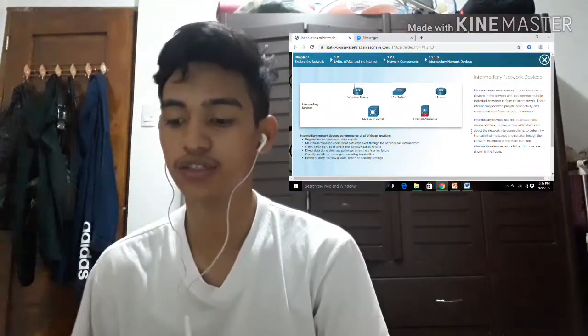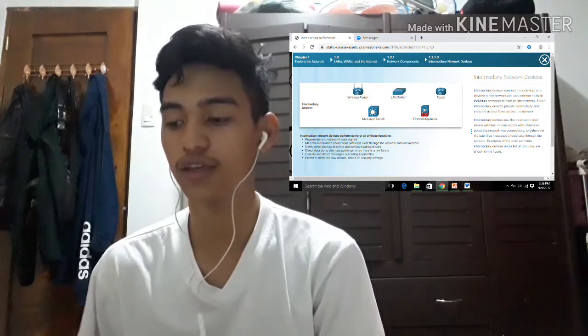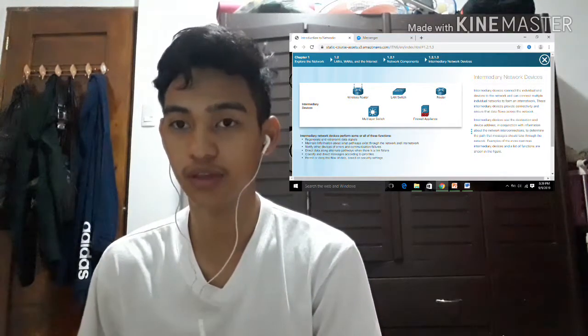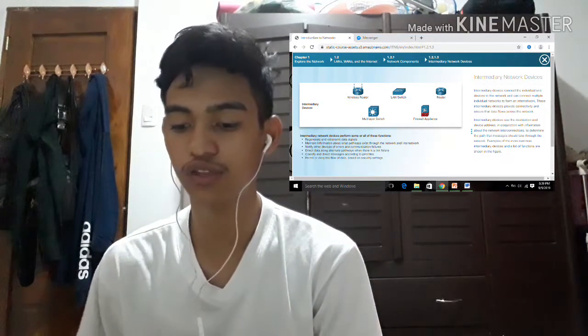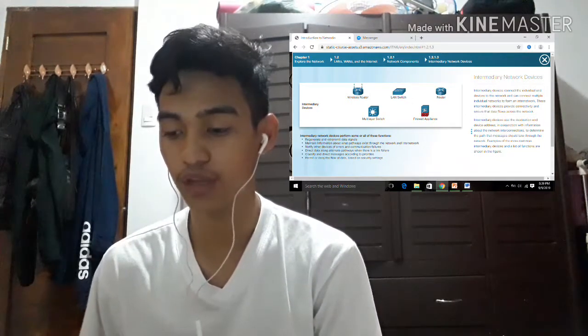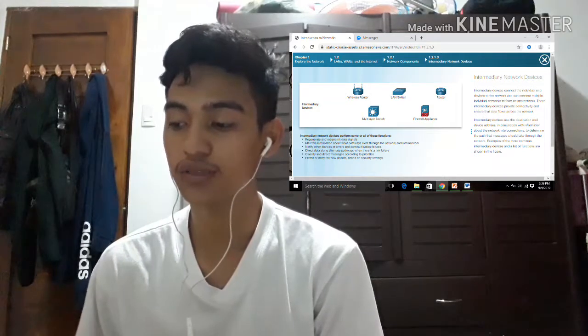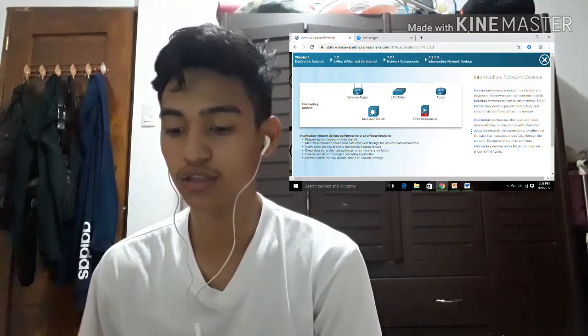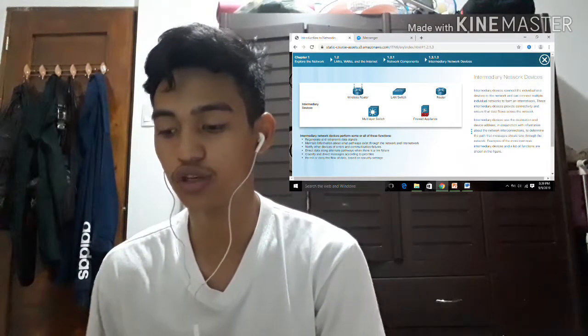Intermediary devices connect the individual end devices to the network and can connect the individual networks to form an internetwork. These intermediary devices provide connectivity and ensure that data flows across the network.